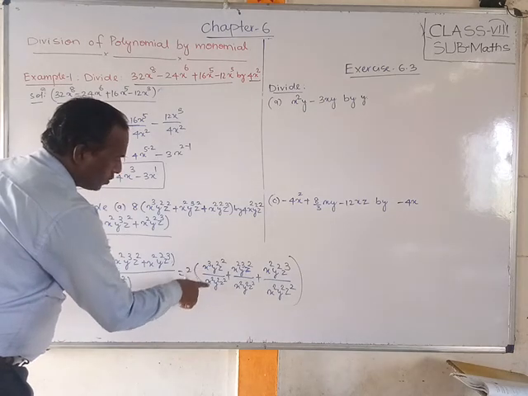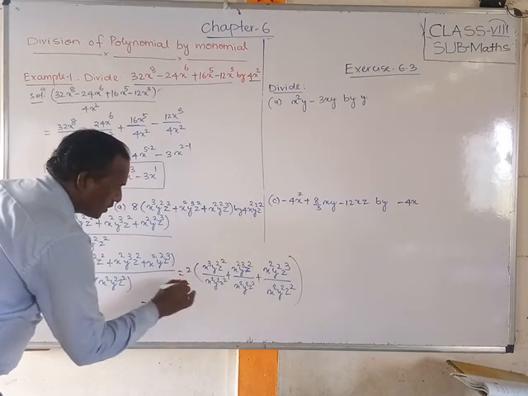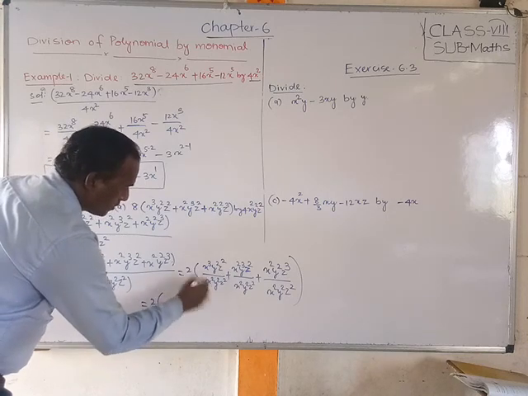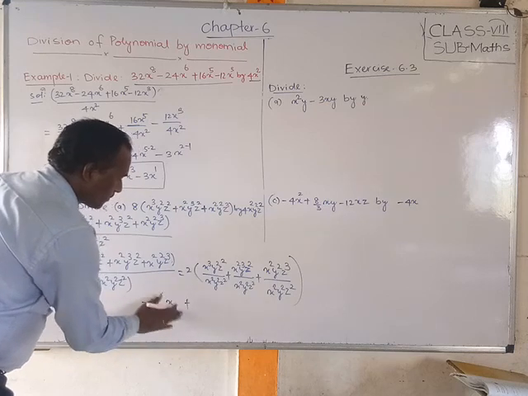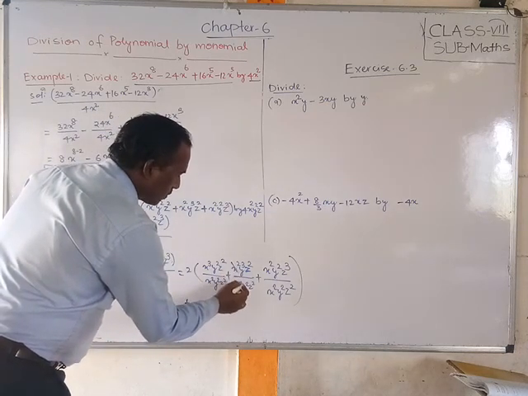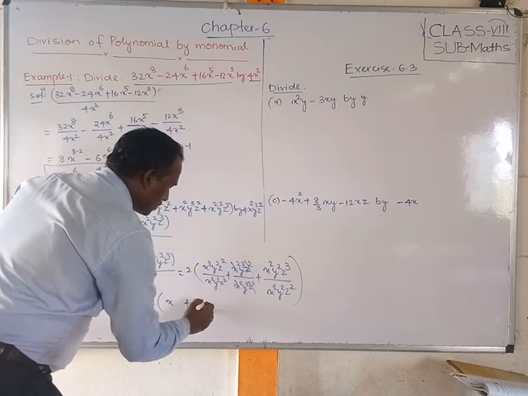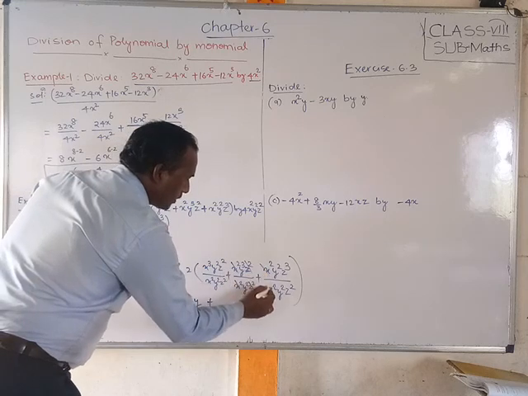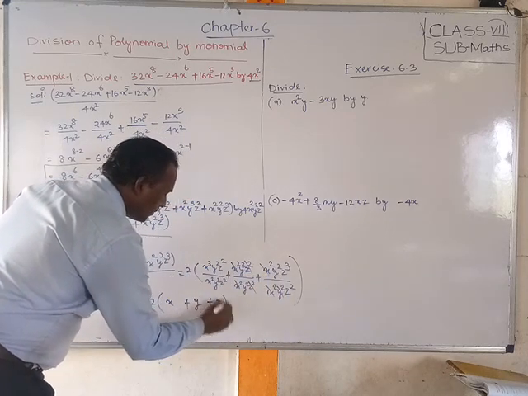Now you get 2 of, first of all, x cube by x square gives x, y square and z square cancel, so only x. Plus here x square cancels, y square by y square gives y, z square cancels, so y. Plus here x square and y square cancel, z cube by z square means only z.